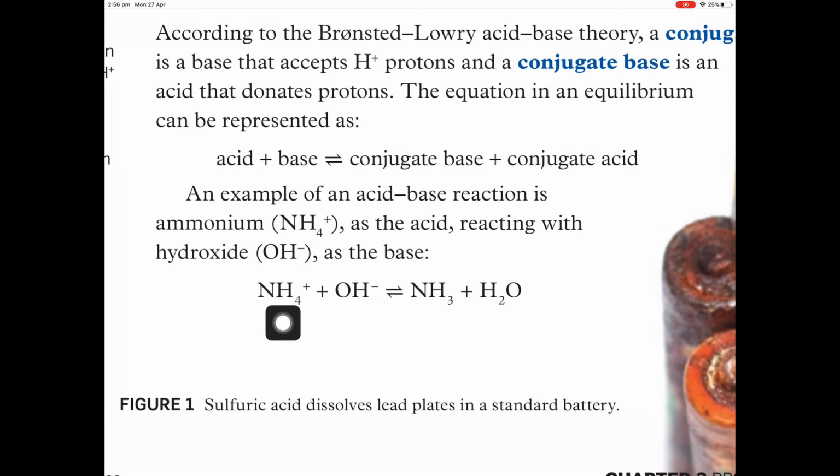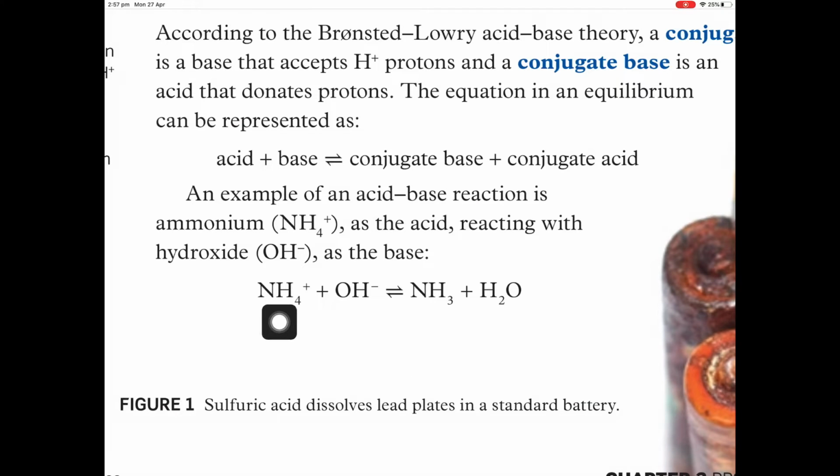Like last year, you can't have oxidation without reduction. Well, you can't have an acid-base reaction without one or the other. The acid gives the proton to the base. So the NH4+ becomes NH3. When the OH-, the hydroxide ion, accepts the proton, it becomes a water molecule.